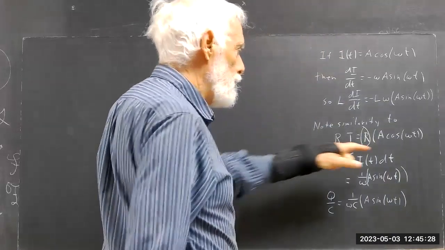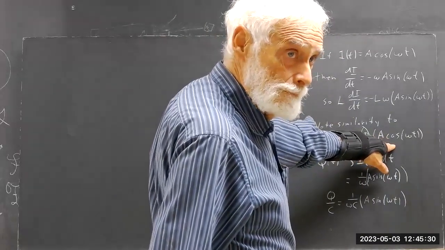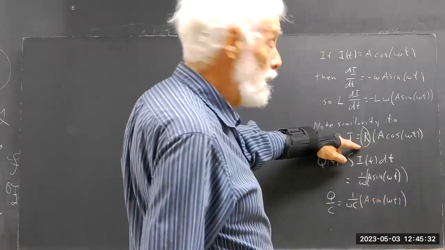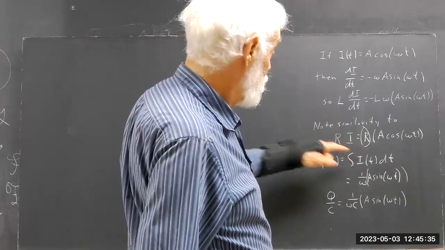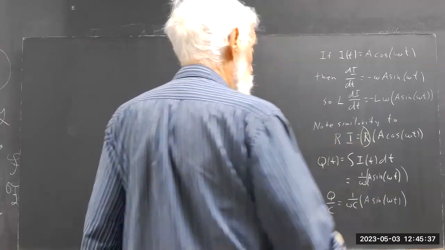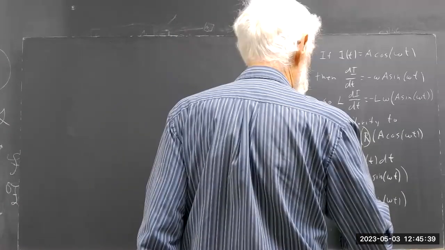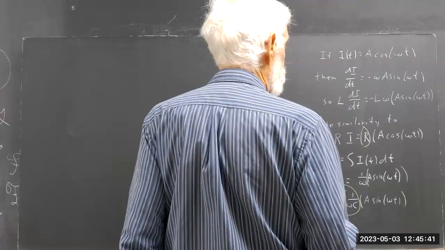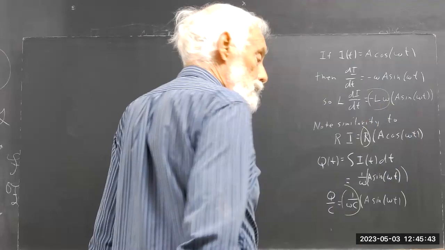Here we multiply our I cosine omega t function by R, you get the voltage drop. Here we multiply by 1 over omega C, you get the voltage drop. Here we multiply by negative L omega, you get the voltage drop.